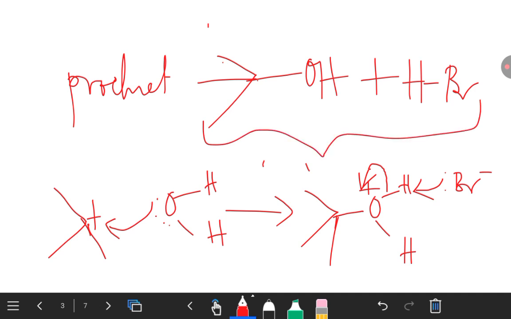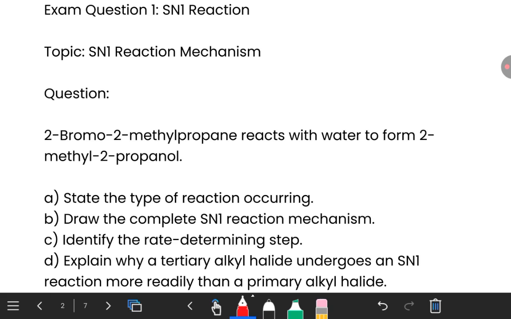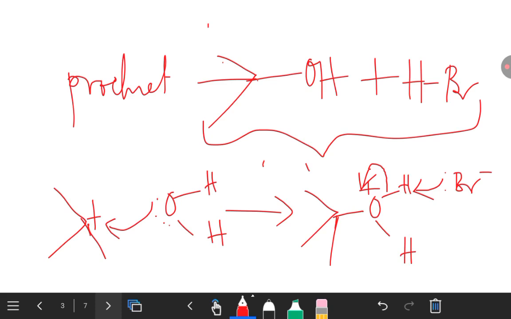Okay, now let's look at the second question they asked, which is question C. In this question they are saying identify the rate limiting step. As we said in the introduction, the rate limiting step is the first step where the bond between carbon and bromine breaks to form the carbocation. That is the rate limiting step.